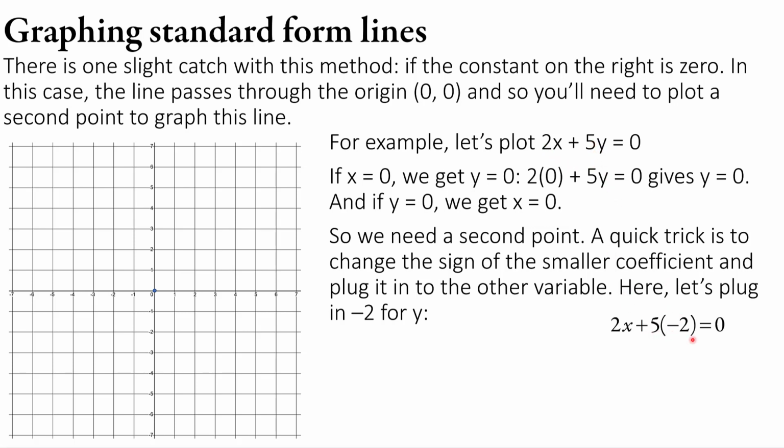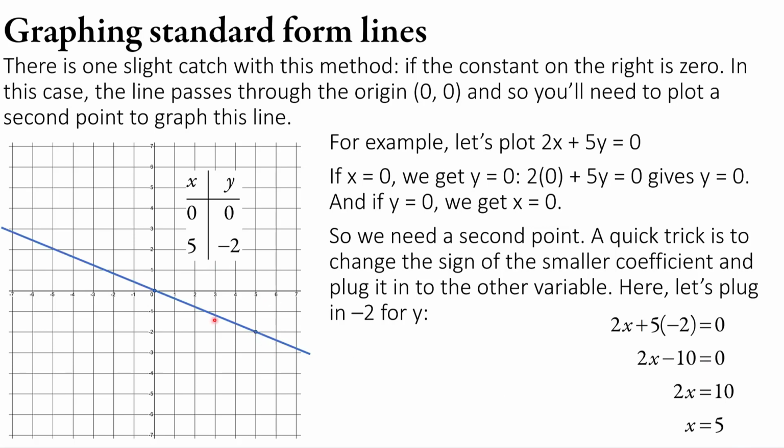If I let y equals negative 2, this second term becomes negative 10, so I get 2x is 10 or x is 5. So that works out very nicely. So that means here's my t-table: 0, 0, which I've already plotted, and then when x is 5, y is negative 2. That's this point here, and so there's the graph of the line 2x plus 5y equals 0.